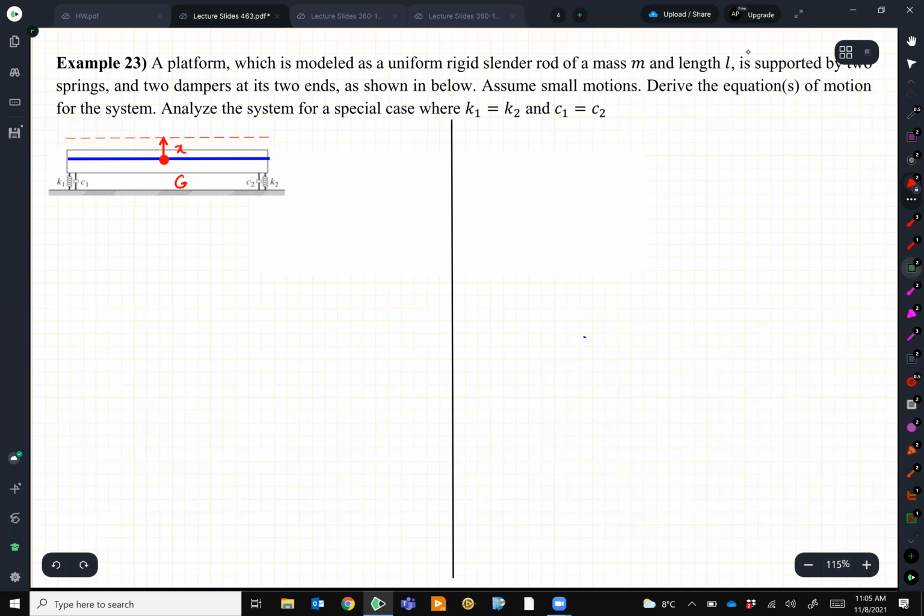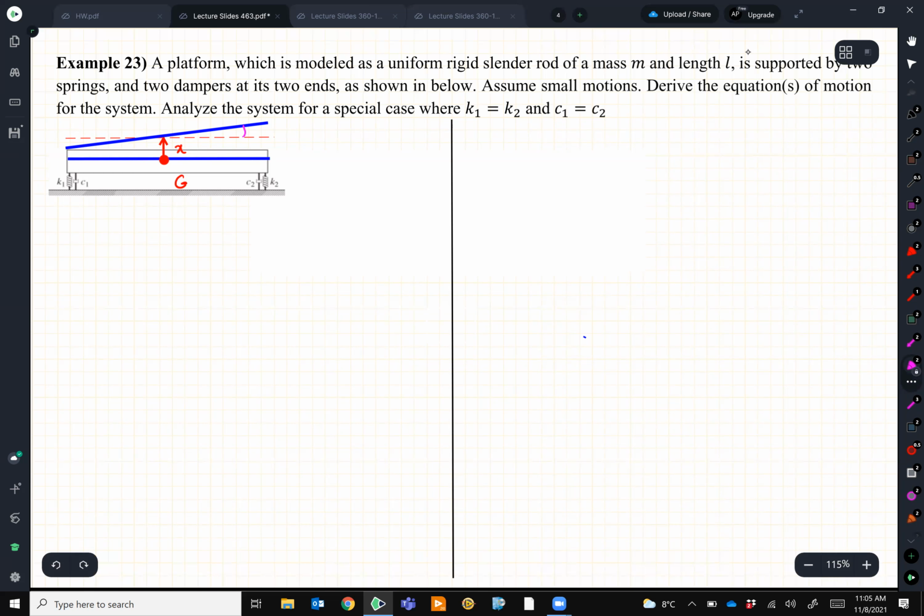So, and then this line at that point has another degree of freedom. It can rotate. Right? So my second variable will be theta.